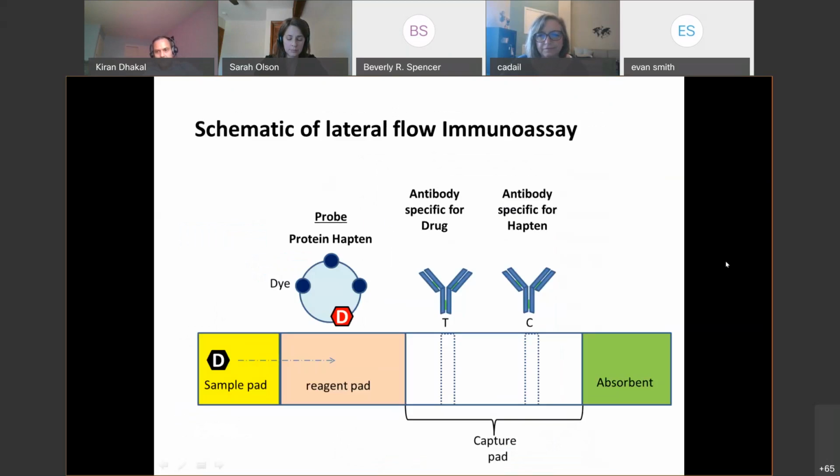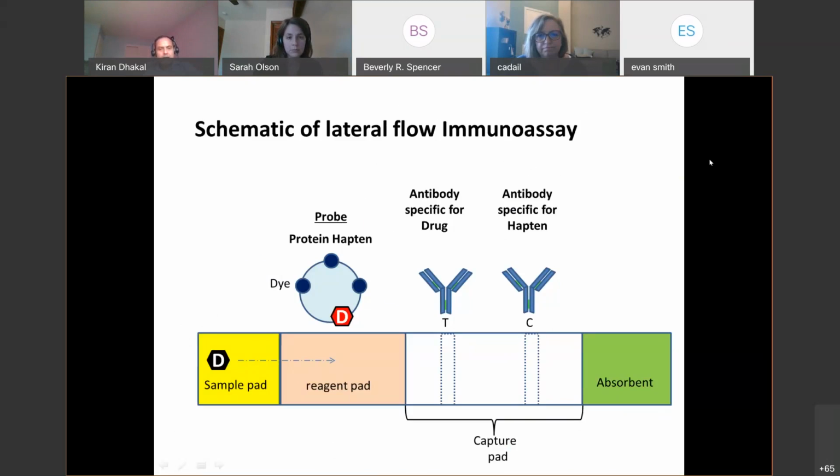This is the schematic of a lateral flow immunoassay, or dipstick. Your pad has 4 regions. You have a sample pad where you apply your urine sample.